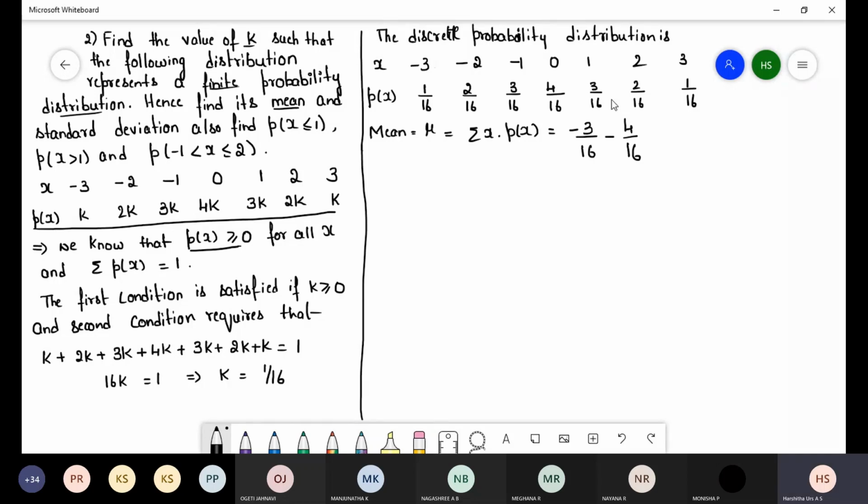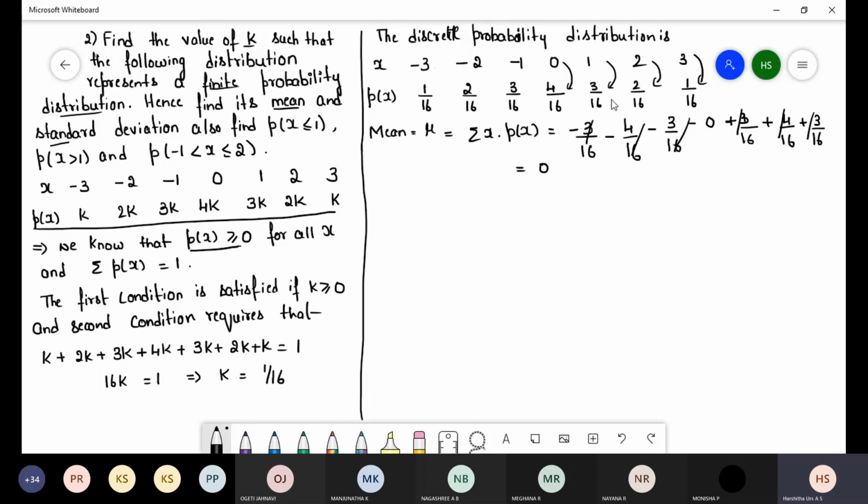Again, −1 into 3, −3 by 16, 0 into 4, 0, again plus 3 by 16, 2 into 2, 4, plus 4 by 16, plus 3 by 16. Adding these, we get the mu value as 0.